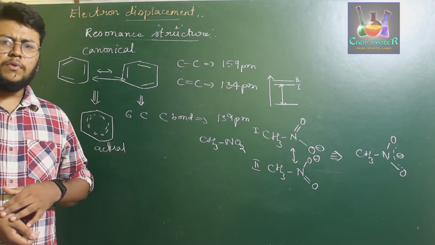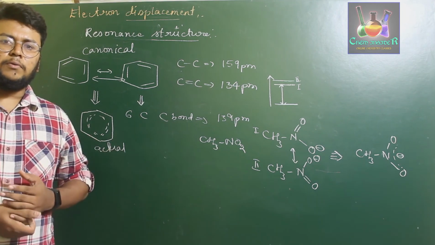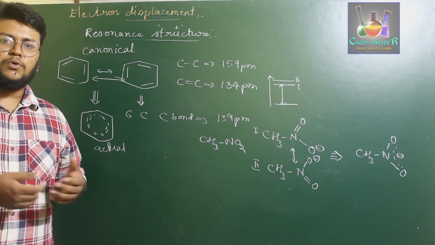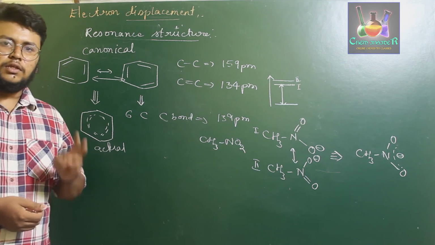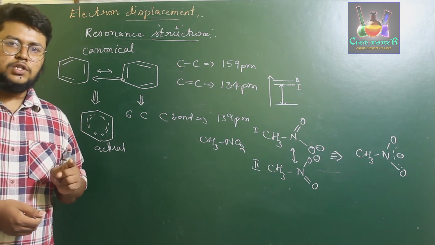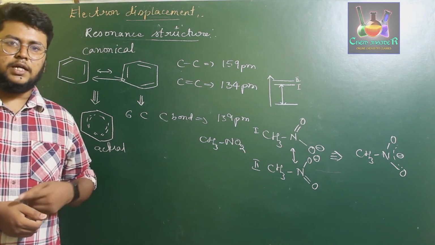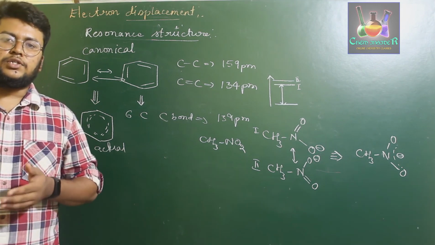Or there is one more criterion to explain why one particular structure is more stable. First, if the given structure has more covalent bonds, then that particular structure is said to be the more stable structure.